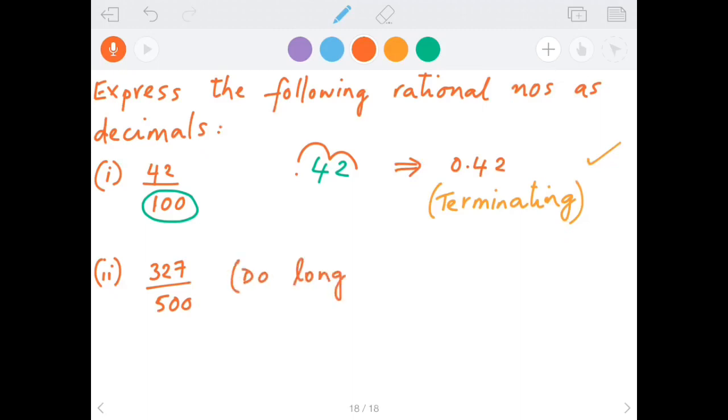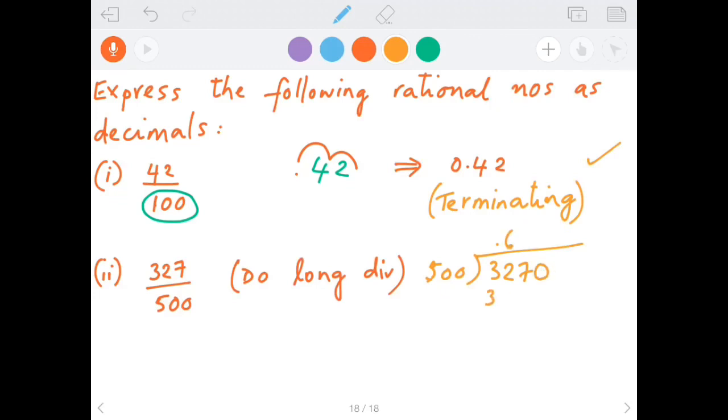Now, the best way to deal with this is to do long division, which is what we shall do here. Let's quickly put up the space on the right so that we could start doing long division. So here we go. We put in 500 outside, 327 inside, and we start dividing it.